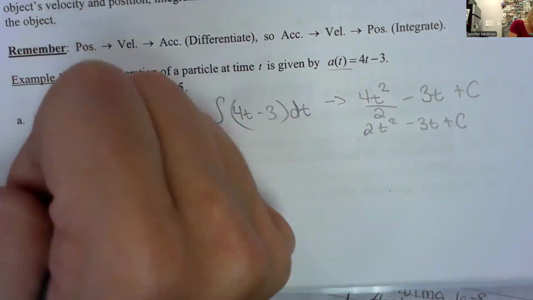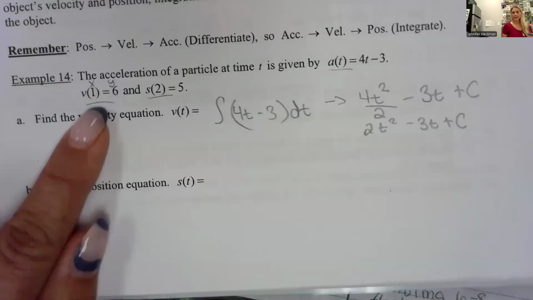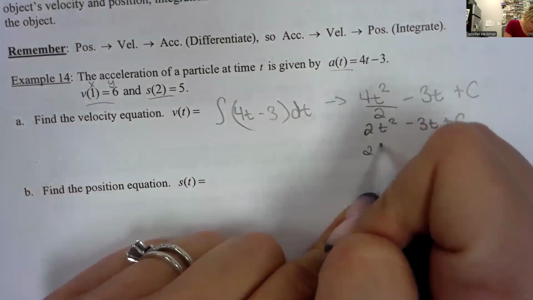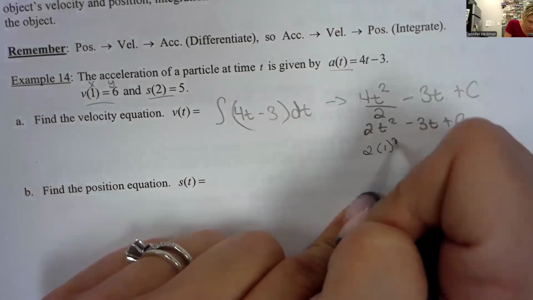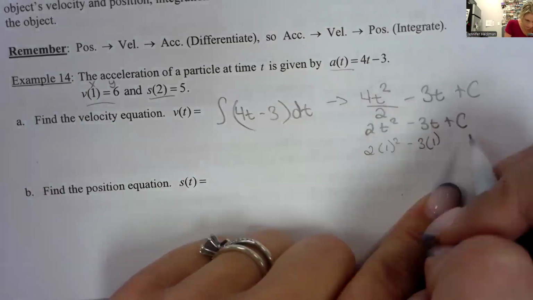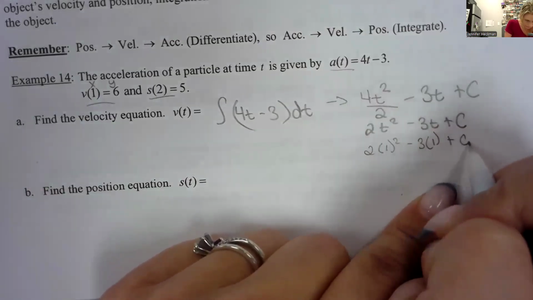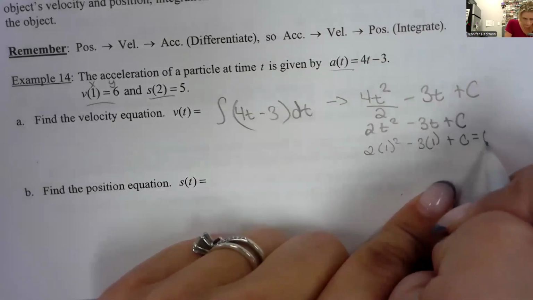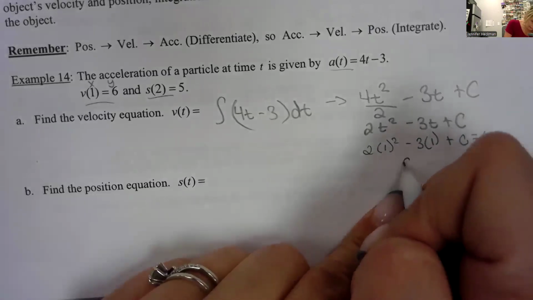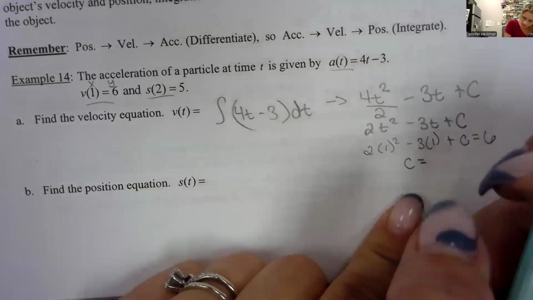So when x is 1, y is 6. So I'm going to plug that in. So 2 times 1 squared minus 3 times 1 plus c equals 6. And then I'm going to solve. When we solve for this, we get that c equals 7.